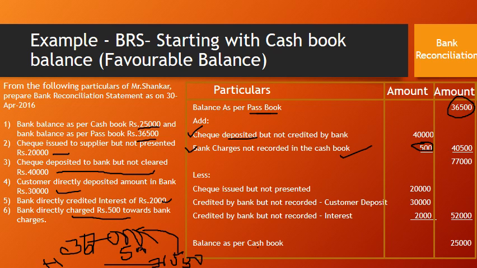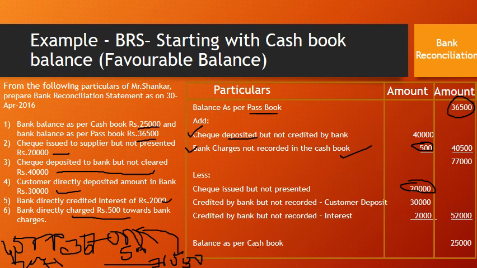The same way, check issued but not presented. Again, this transaction is already recorded in the cash book and the cash book balance is brought down. There was a balance of 45,000 in the cash book, and when we issue a check of 20,000, that comes down to 25,000. So this is already recorded in the cash book, but not in the passbook. Whenever a check is issued, the amount is reduced, so we are reducing it from the passbook.